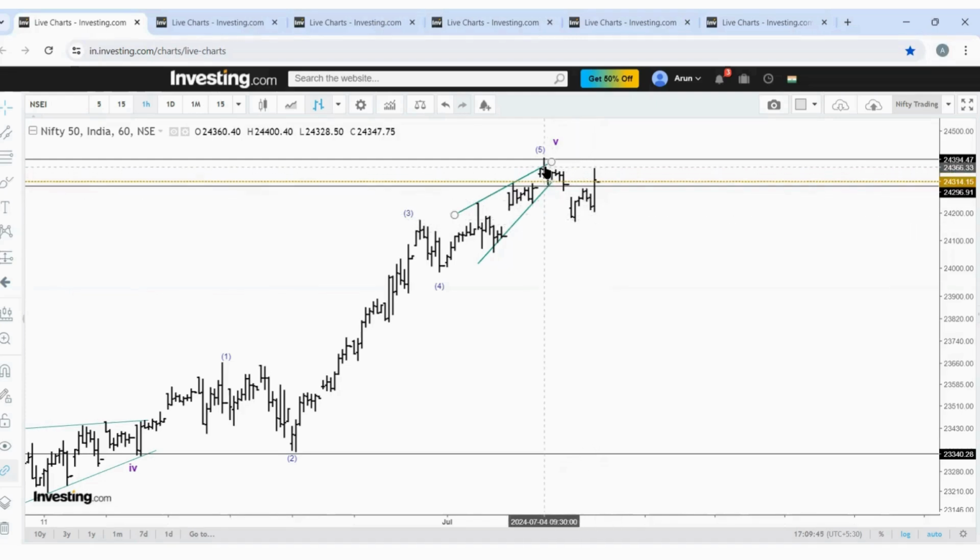So this is not an impulsive down, right? Corrections will be in three waves. If it is a zigzag, the combination will be 5-3-5. If it is a flat, it is 3-3-5. These are the basic information about the correction. With this knowledge, this is not a 5-wave decline, so this is not the start of a correction. This is my assumption now.